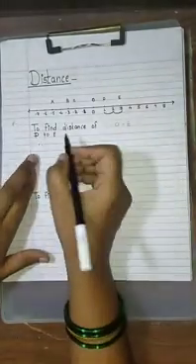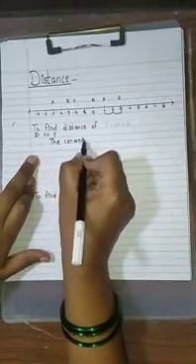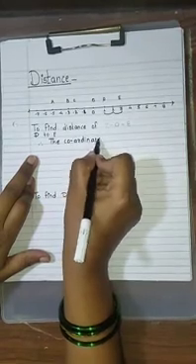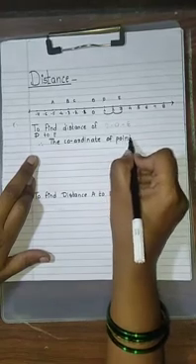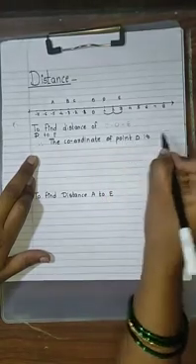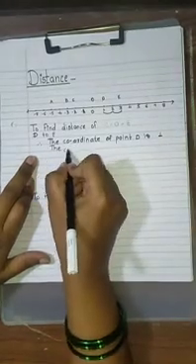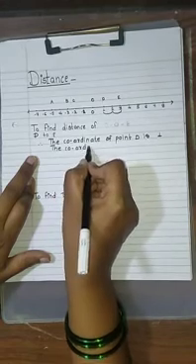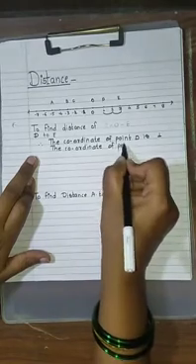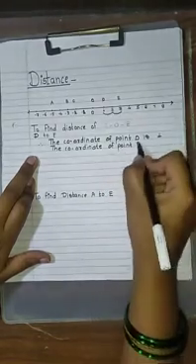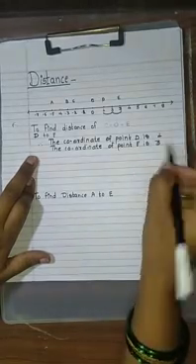Therefore, let us calculate it. The coordinate of point D is 1. Okay. The coordinate of point E is 3. Now here you have to see which number is greater.